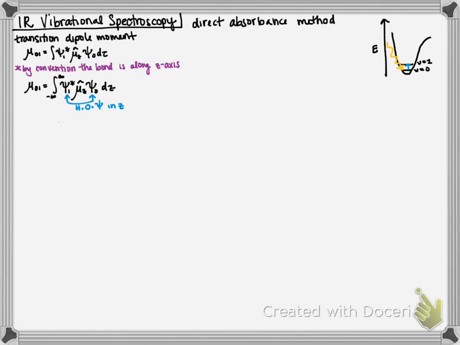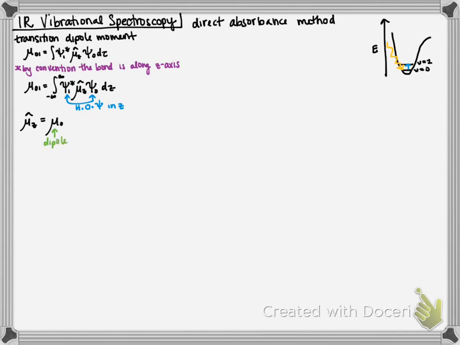So now the question is, what is mu z hat? What is this transition dipole operator for infrared spectroscopy? Our transition dipole operator is going to change depending on what type of spectroscopy we're doing. But for infrared spectroscopy specifically, mu z hat has the following form.